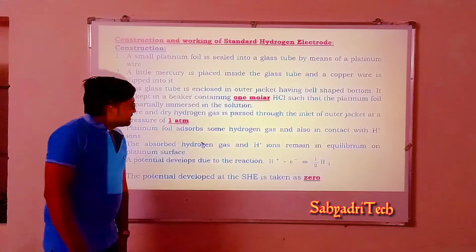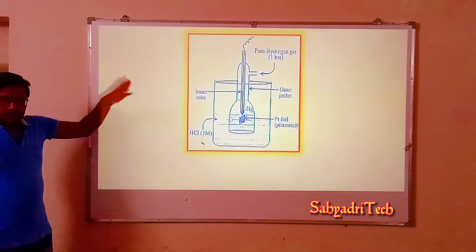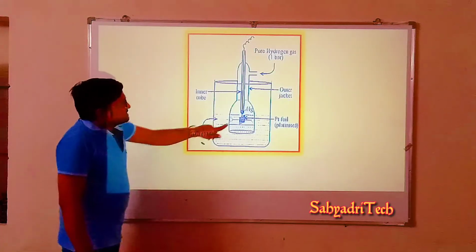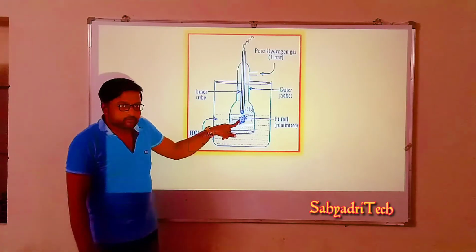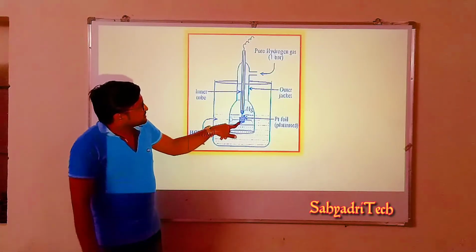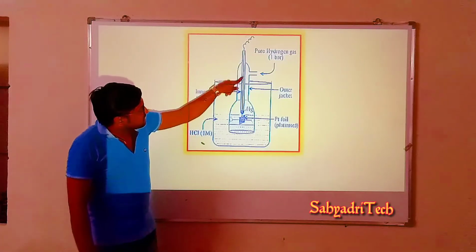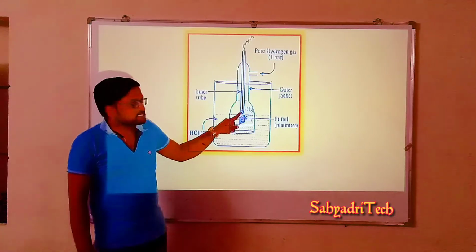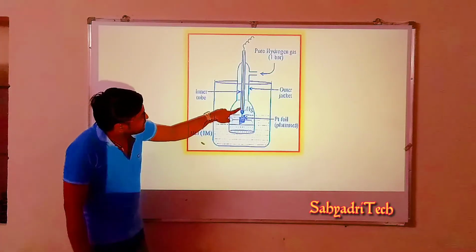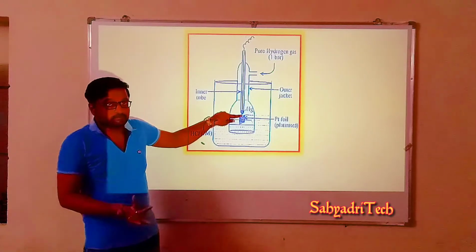Now coming to the diagrammatic representation, say whatever the points we have discussed there. Say platinum foil, what we said, there is a platinum foil, it is sealed into a thin glass tube by means of platinum wire. That is the first point.